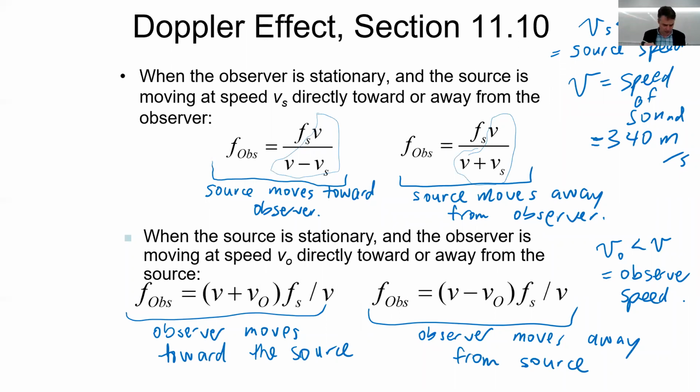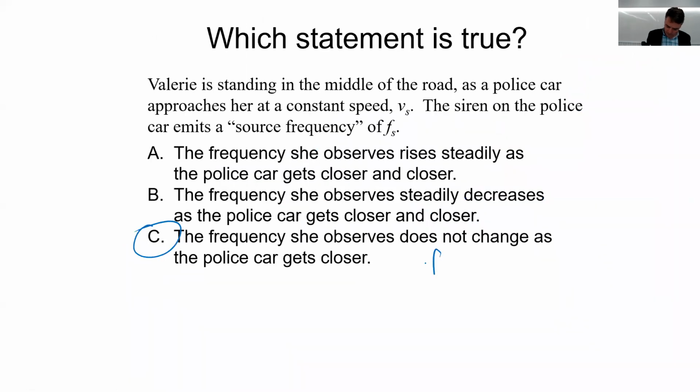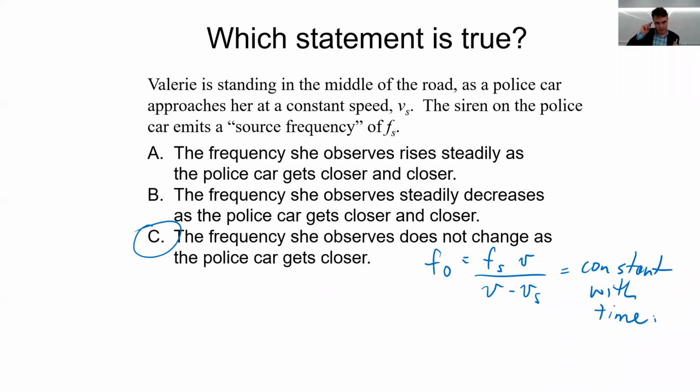So it's a constant. F observed is equal to Fs times V divided by V minus Vs, which is a constant with time. So if you're in the 19% who voted for C, you got the right idea. Maybe a bit of a trick question there.